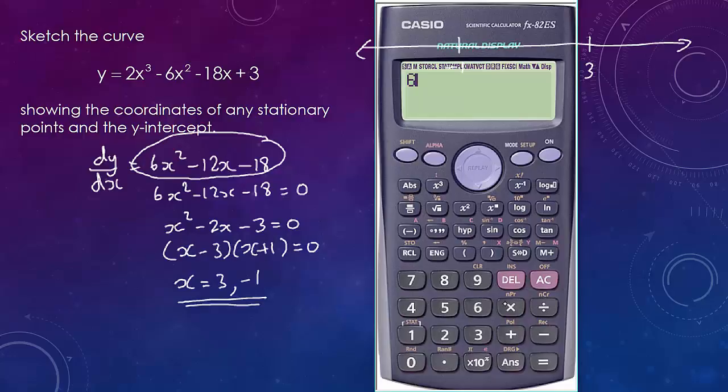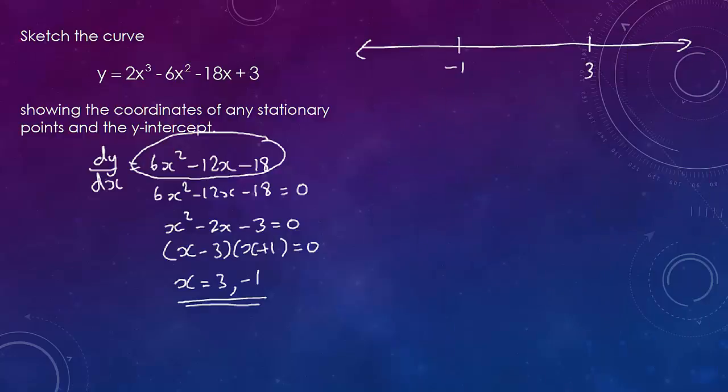So we'll have 6 multiplied by negative 2 squared, take away 12 multiplied by negative 2, and take away 18. That gives us 30. So it seems that it's positive here.